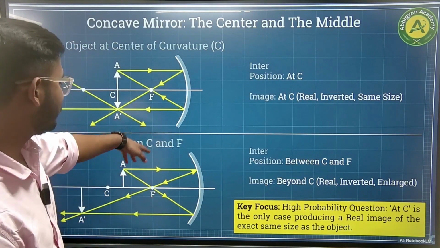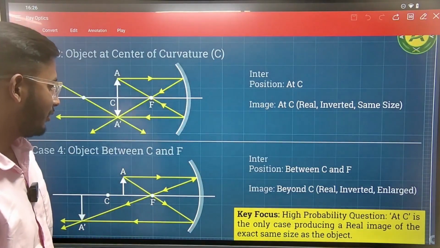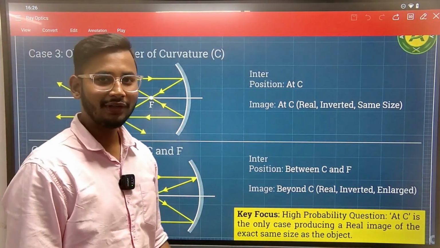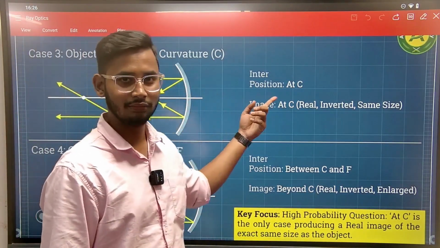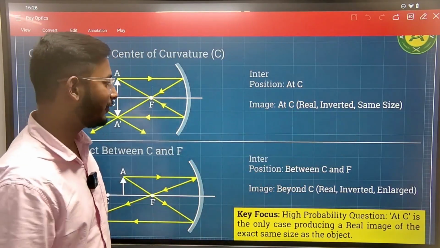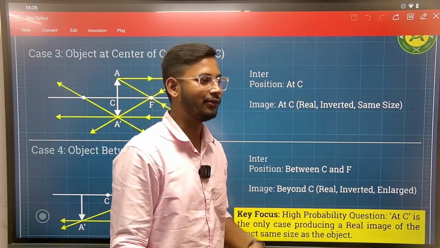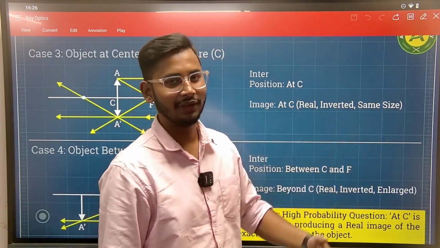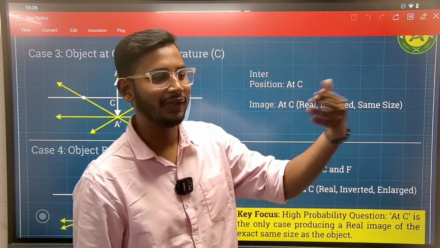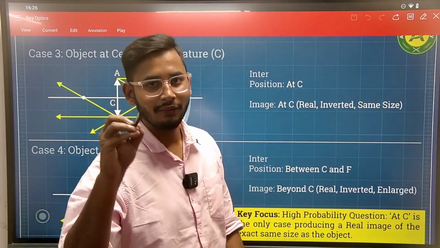So see one fact, that as the object is approaching towards the mirror, first, in the first case we placed the object at infinite distance, then we placed our object beyond C, then between C and F, between center of curvature and focus.